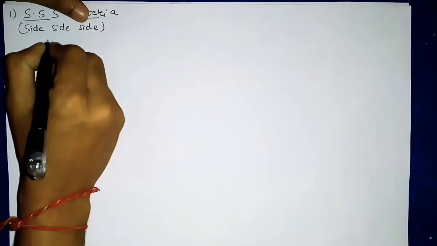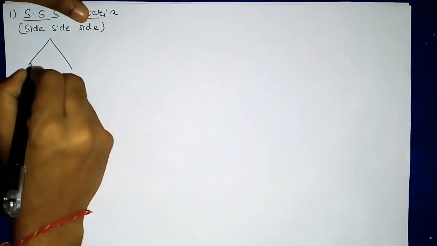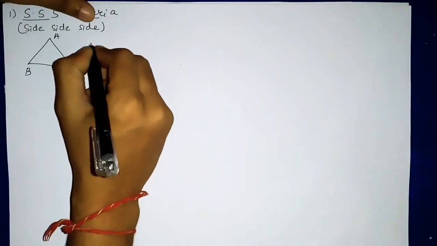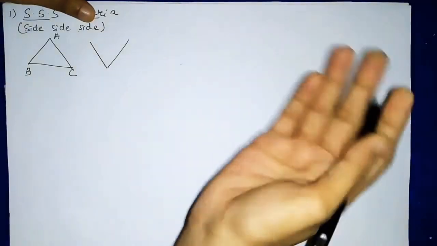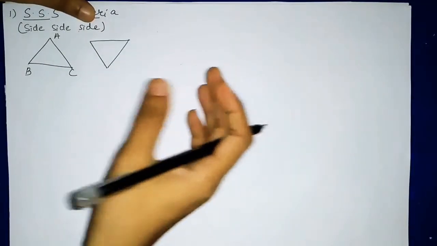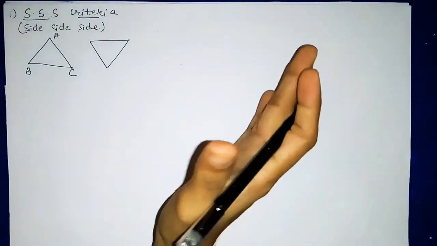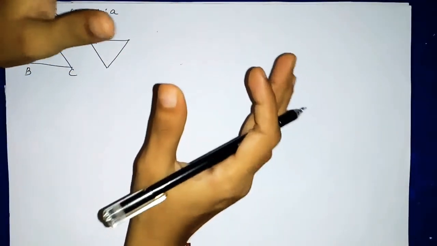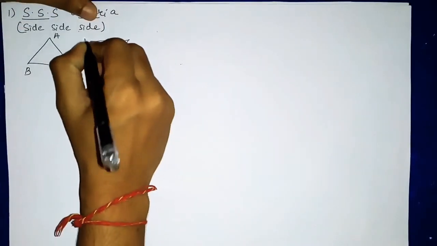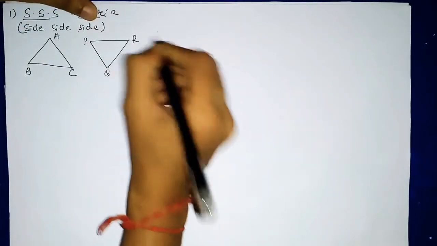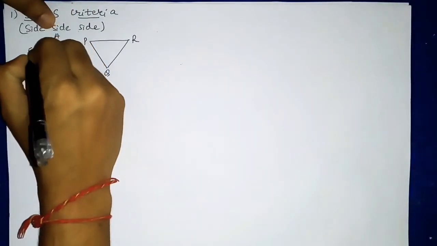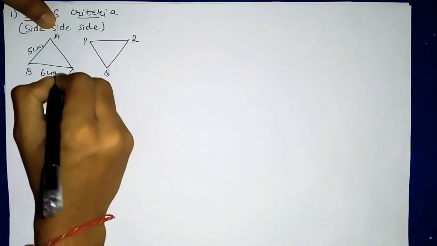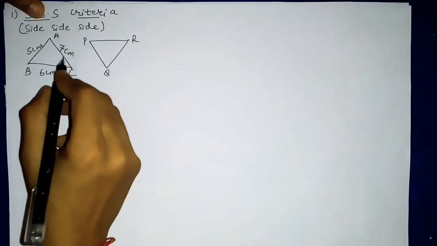For example, suppose one triangle is given to you, A, B, C, and second triangle is given inverted. See, figure can be given anyhow. Figure can be given same, identical, or they can be given inverted. You have to find out which side is equal to which side. Carefully you have to see and find out. So P, Q and R. Now suppose this is given 5 centimeter, this is 6 centimeter, and this is 7 centimeter.